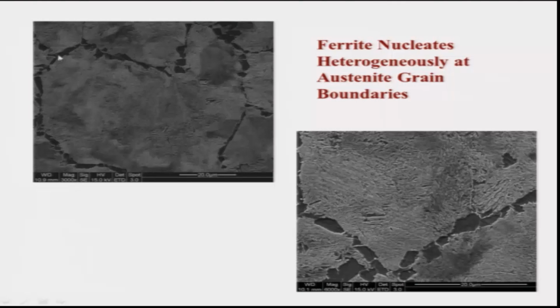So, all this ferrite is actually heterogeneously nucleated onto the austenite grain boundary. So, austenite grain boundaries are the sites for nucleation, and it could so happen, at least in some systems, that you may end up getting site saturation.